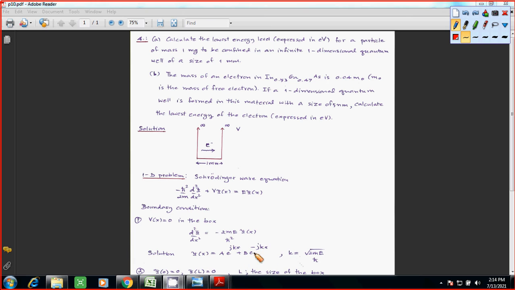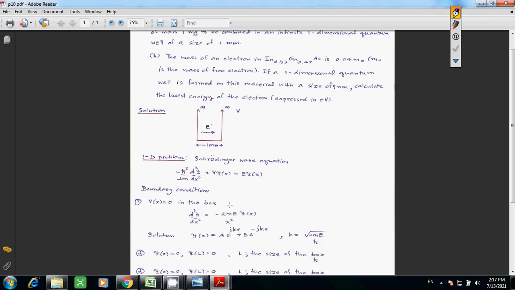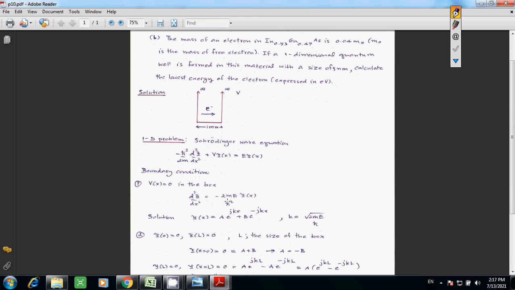And your k is equal to square root of 2mE over h bar. That actually comes from the factor in front of the wave function.